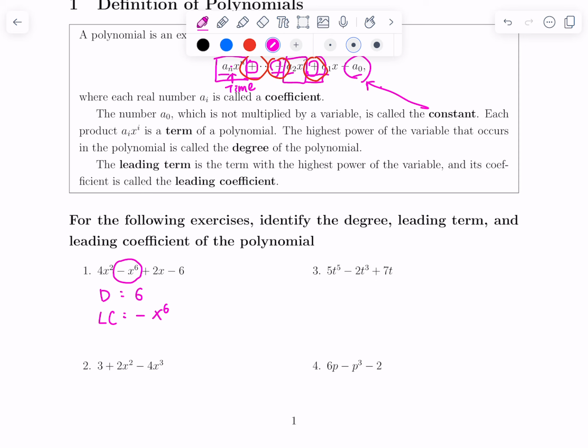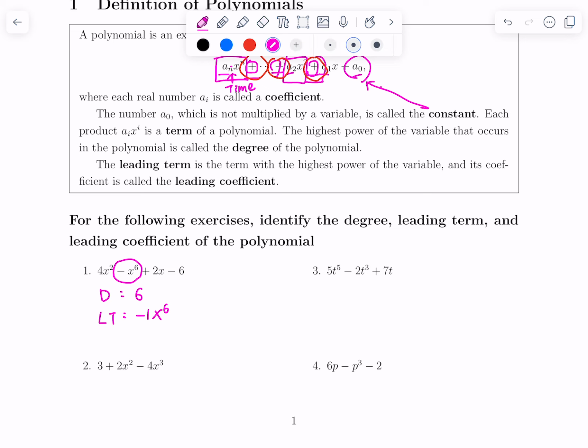And some of you remember in middle school algebra, when we have a variable and you don't see a number in front of it, you don't see the coefficient over here, there is an implied number. It's not 0, but it's 1 over here. So the leading term, I wrote the leading coefficient over here, but here should be the leading term.